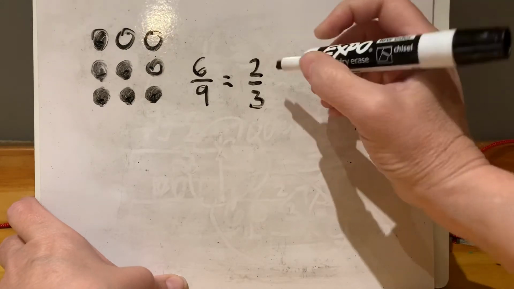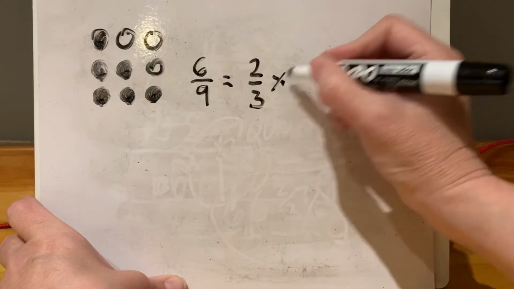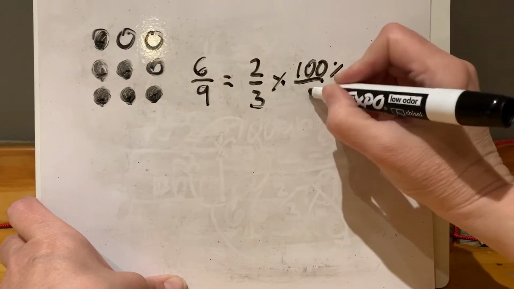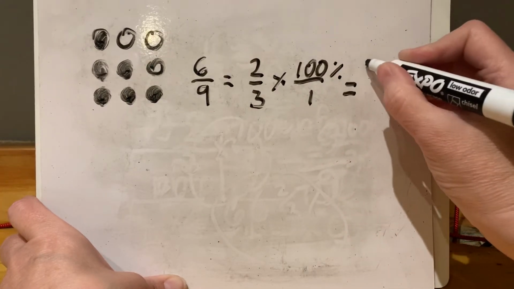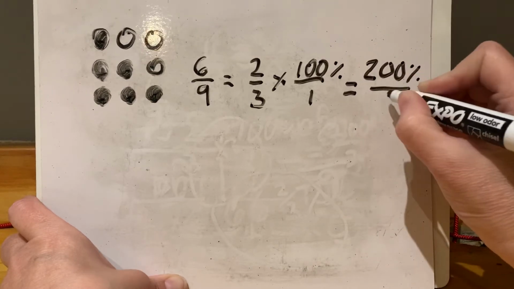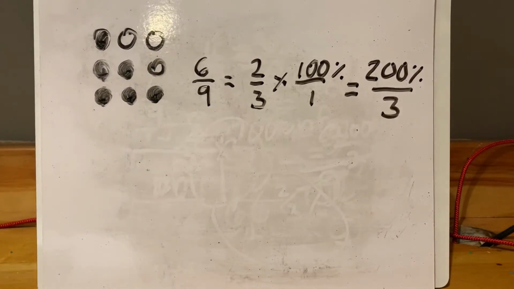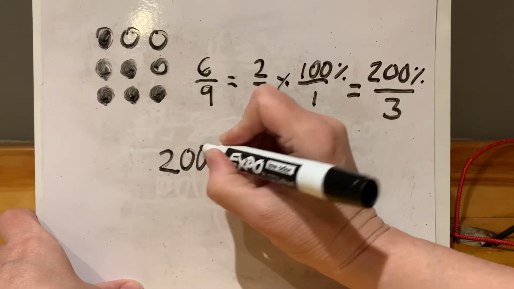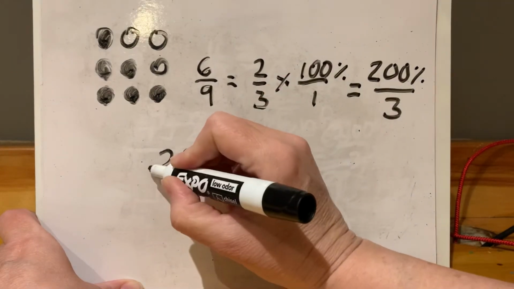And then we're going to multiply that by 100%, which equals 200% over 3. So now we need to rename this by dividing 200% by 3.